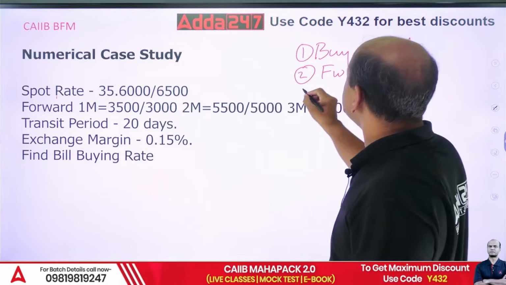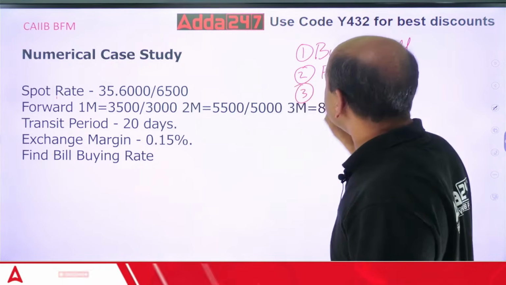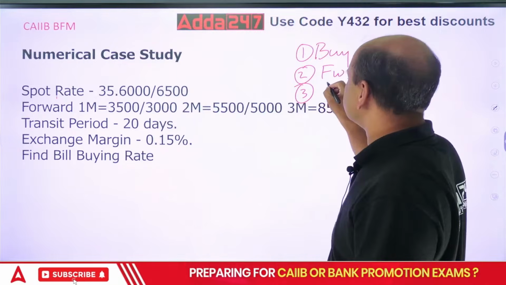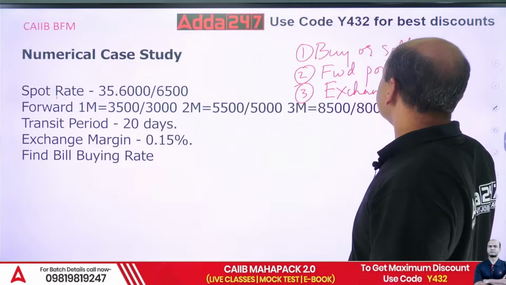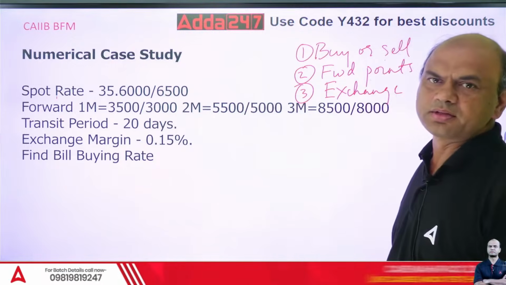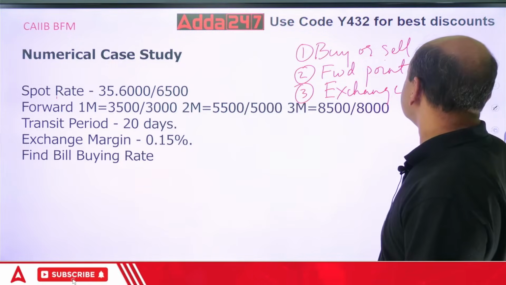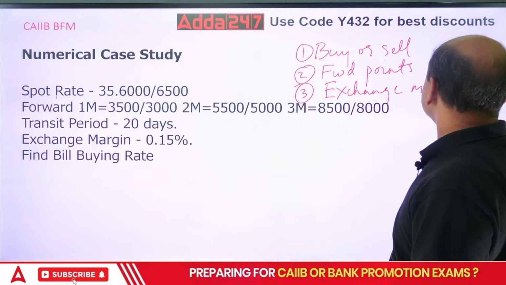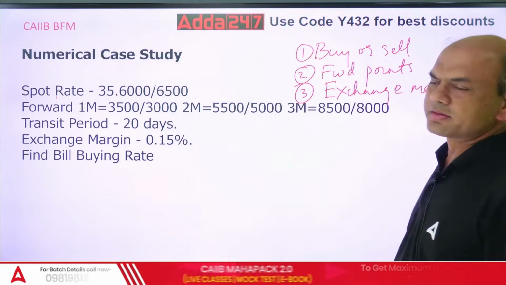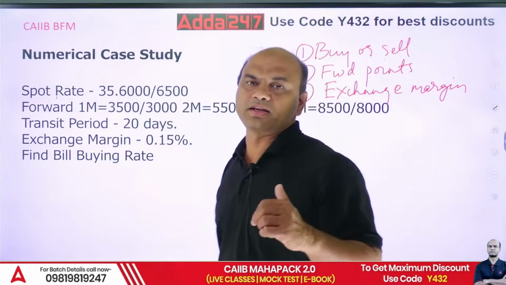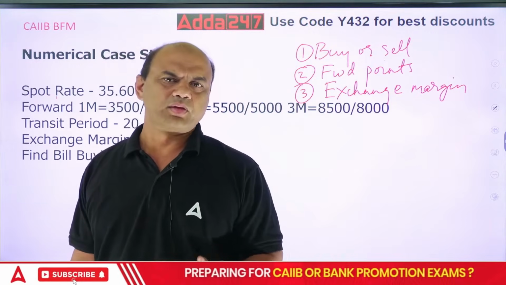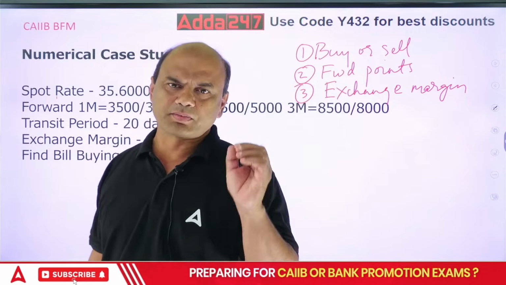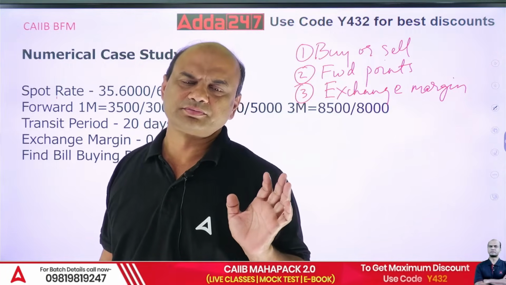And third one is TT margin or exchange margin, TT or exchange, anything we call it. This is what you have to always check in any Forex problem. If you keep these 3 parameters, your problem will be very easy to solve.